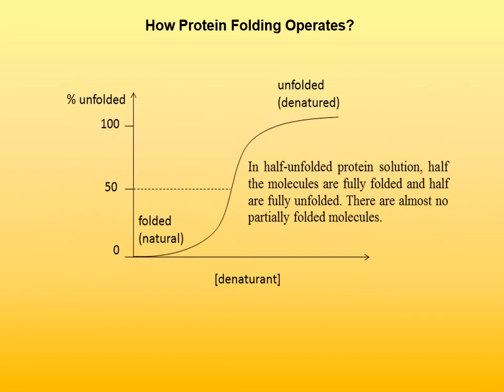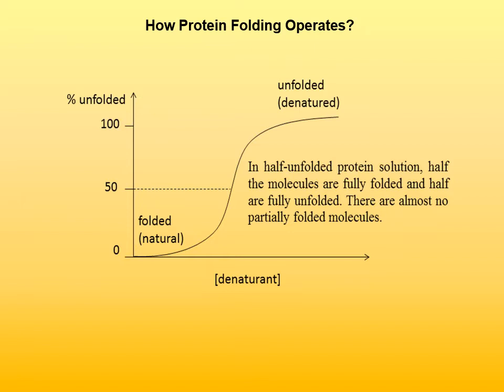So we should look at how protein folding operates. The process of protein folding is actually an all or none process. A protein is either folded correctly, meaning folded in the correct three-dimensional structure where the protein is active, so that will be the natural configuration of a protein, or unfolded, which is a denatured protein.